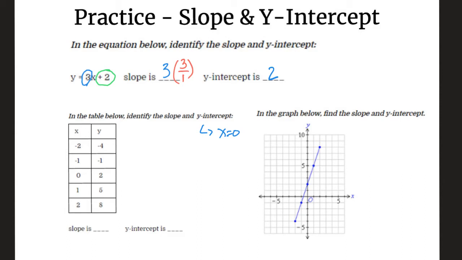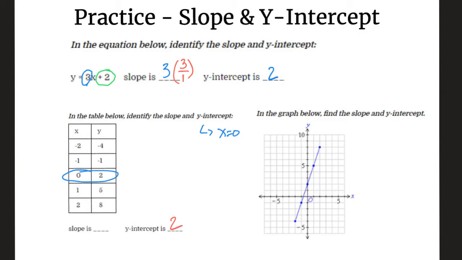So wherever x is equal to 0, that's right here. That tells me that when x is 0, my y is 2. So my y-intercept is going to be equal to positive 2. Now we've got to find our slope.